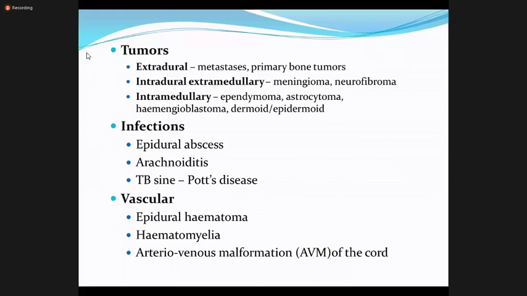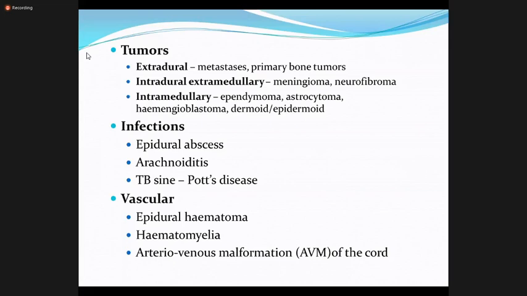In infectious causes, the most common cause of spinal infection in our society is TB osteomyelitis, that is commonly known as Pott's disease. Other examples are epidural abscesses and arachnoiditis.